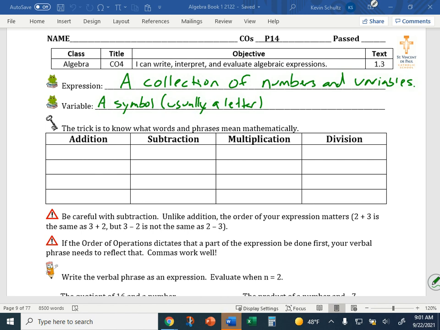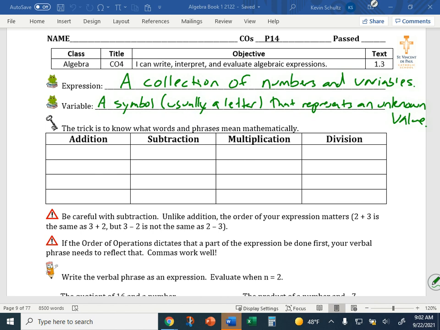A symbol, usually a letter, that represents an unknown value. And really, any letter can be used.